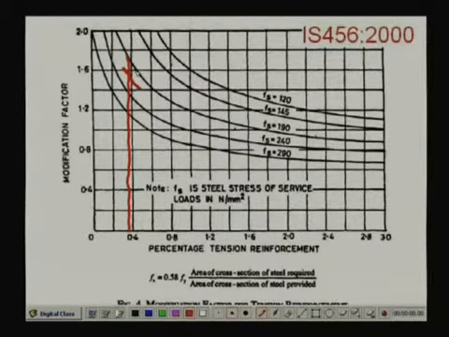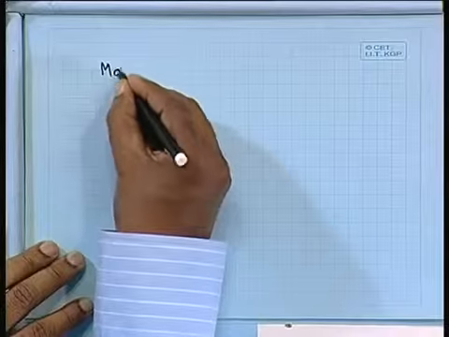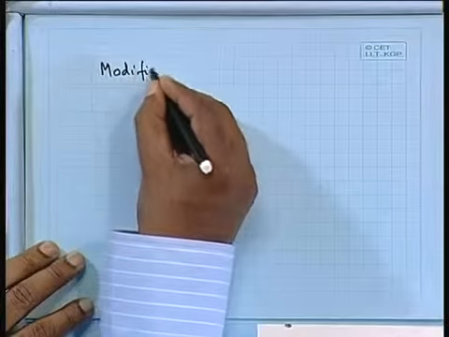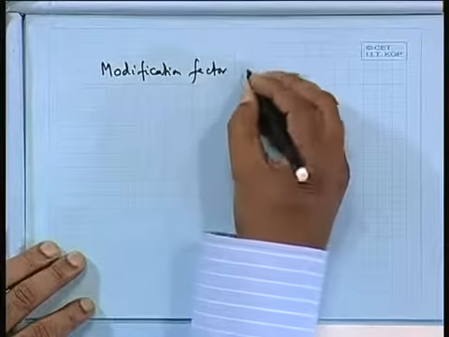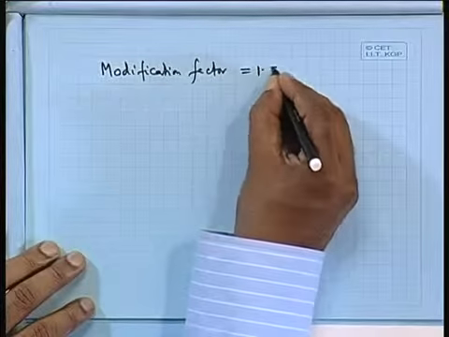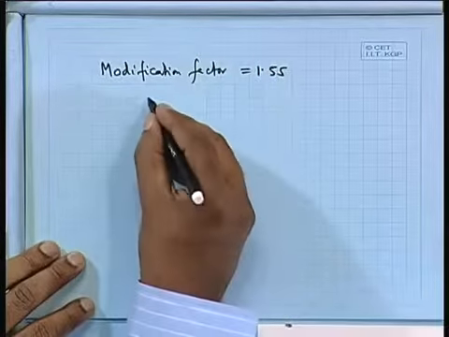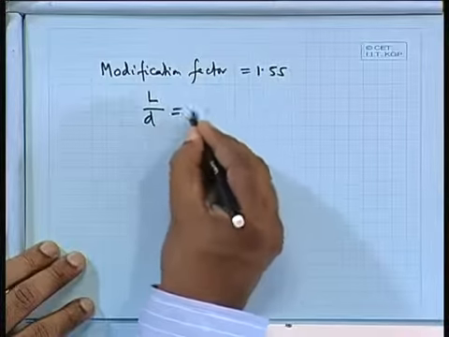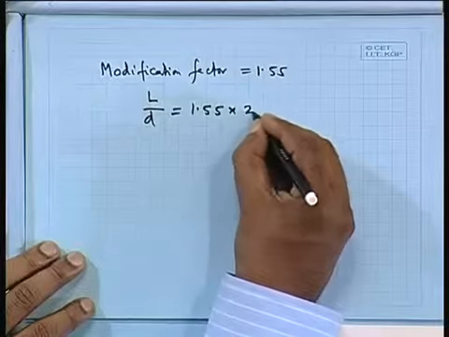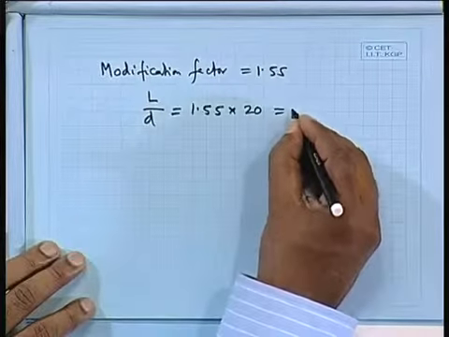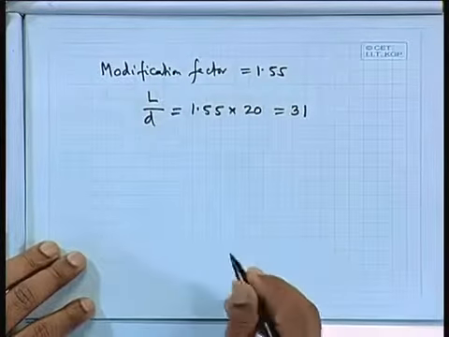So I can take that modification factor equals 1.55. So L by D equals 1.55 times 20, since this is a simply supported case, which comes as 31.